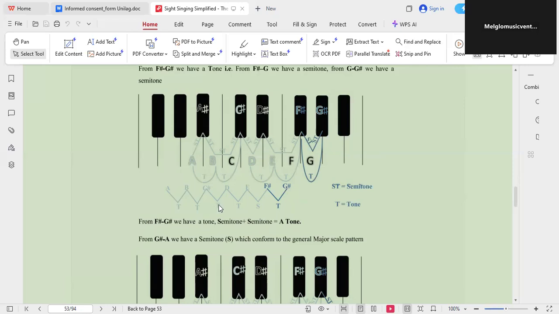This should be a semitone. And this should be a tone. So from F sharp to G sharp, we have a tone.